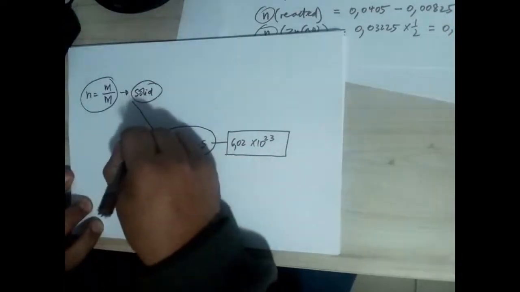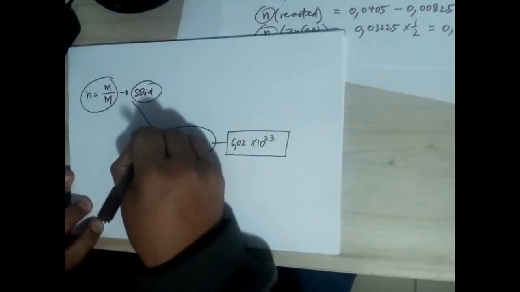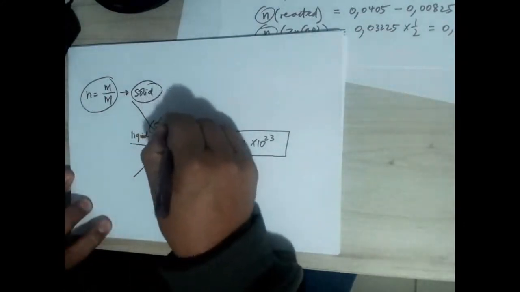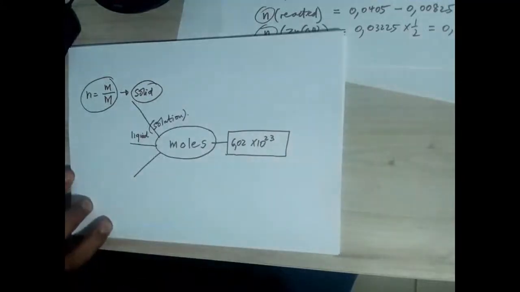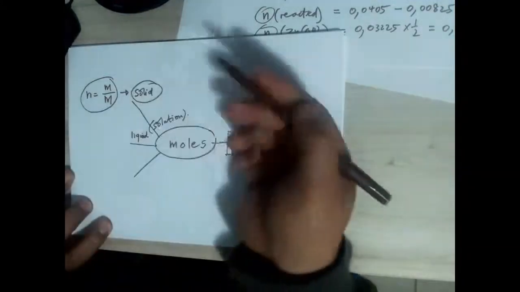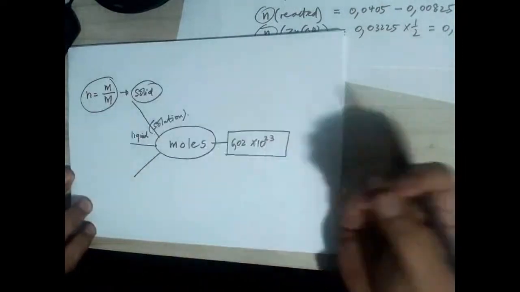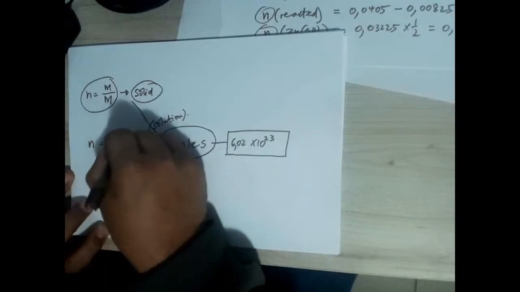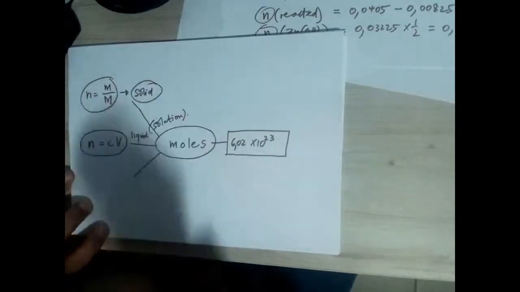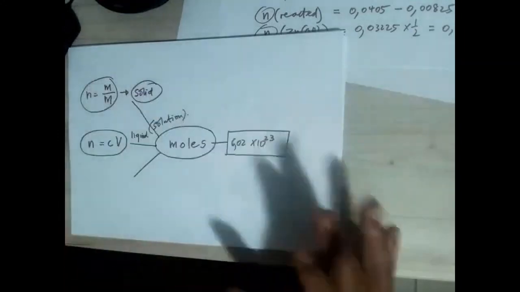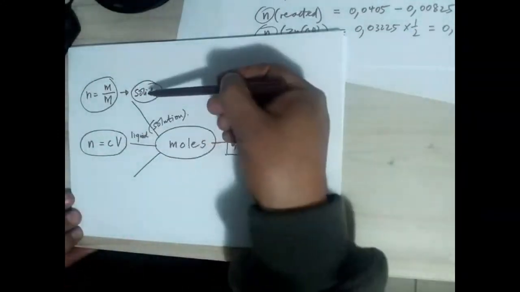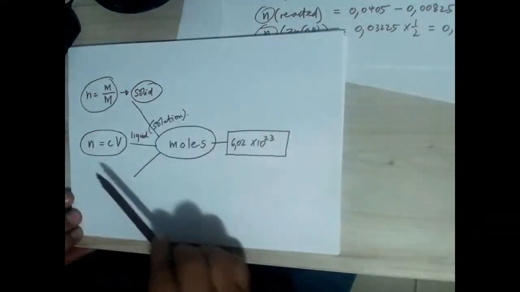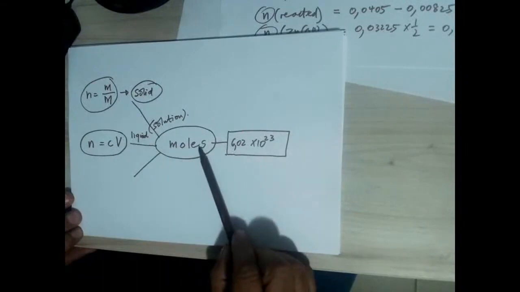If I have a liquid, in our case solution, a solution is an aqueous solution where something is dissolved in water. I've got moles is equal to concentration times volume. So in our cases, we work with solids and solutions, and we use these equations all the time, and these equations lead us to the moles.